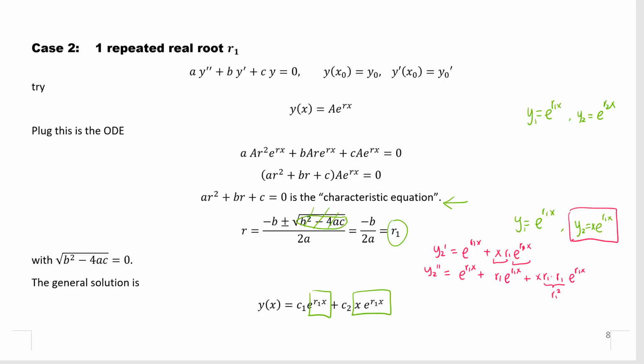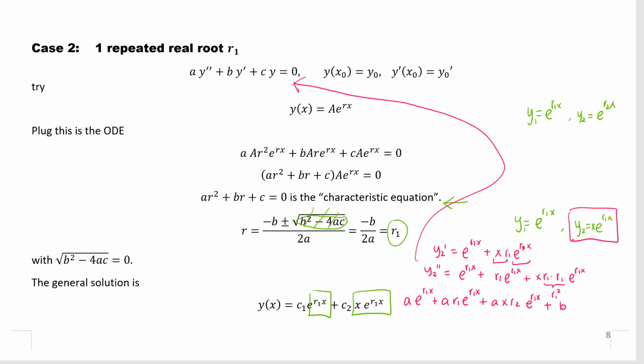So when we plug this into our original differential equation, y double prime is all of that. Let me multiply out: a times r1 e to the r1x, plus a times x r1 squared e to the r1x, plus b times y prime.